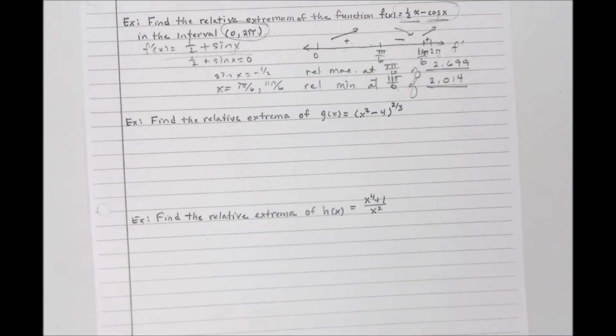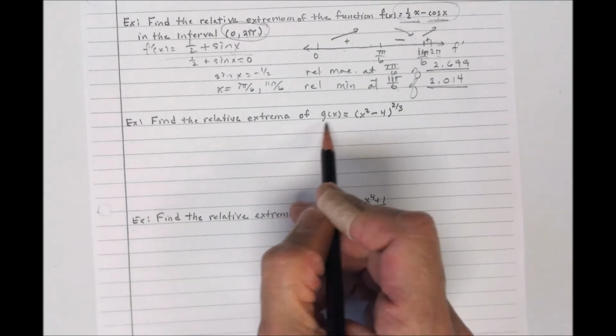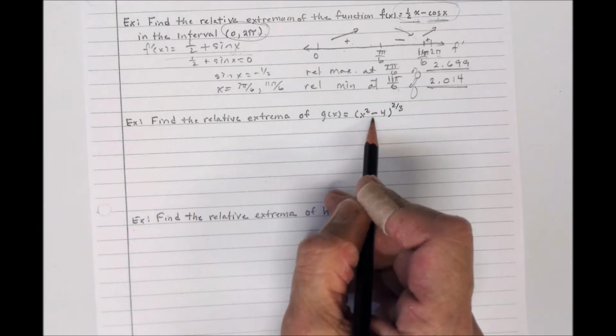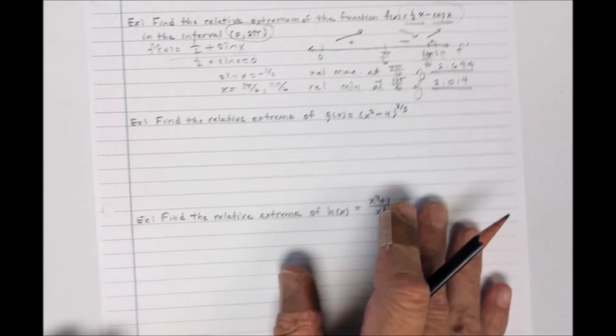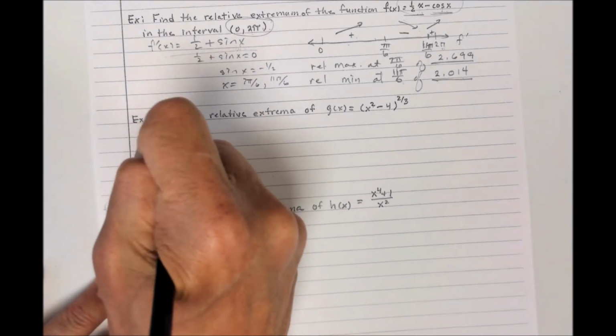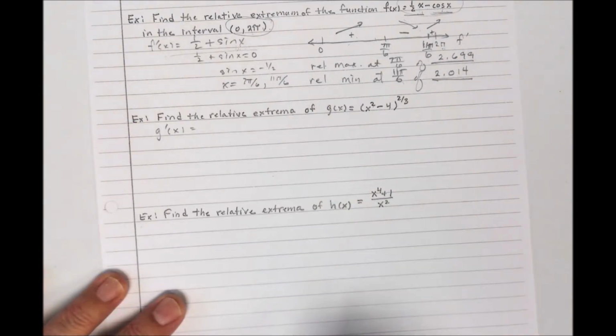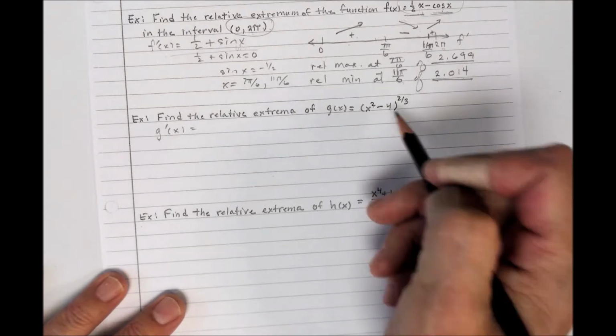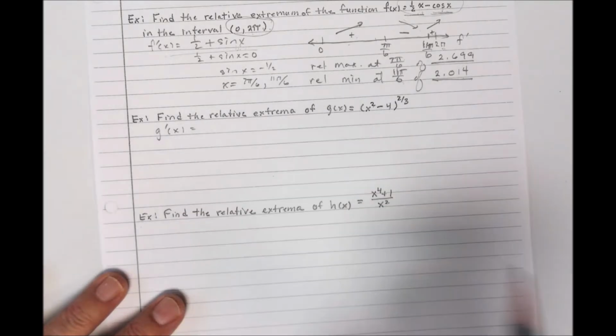All right, next guy up. Find the relative extrema of g of x equals x squared minus 4, all raised to the 2/3 power. So the first thing I need is the derivative. It's a cube root, so I'm okay. It's all real numbers here.